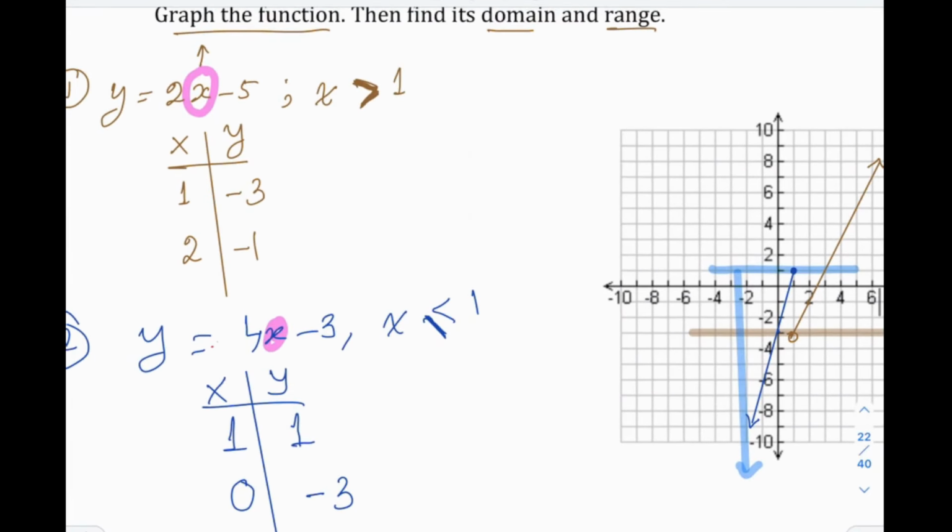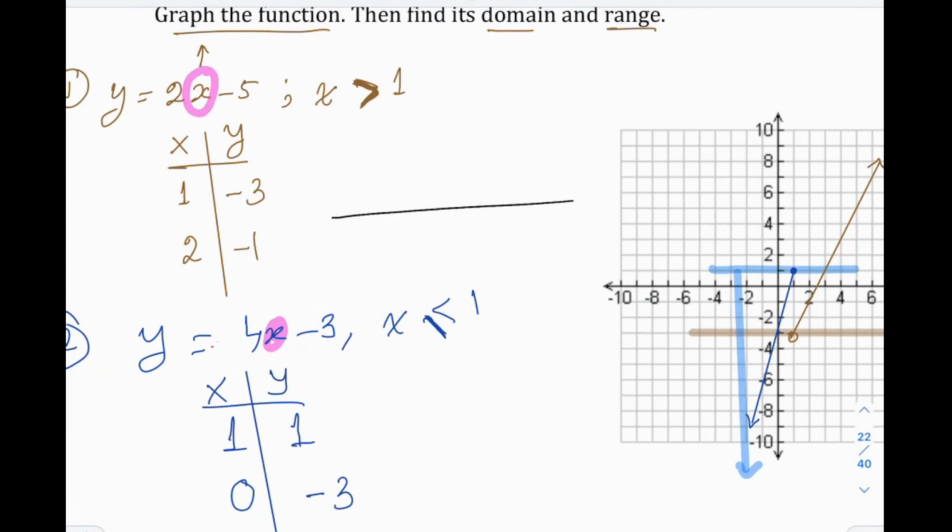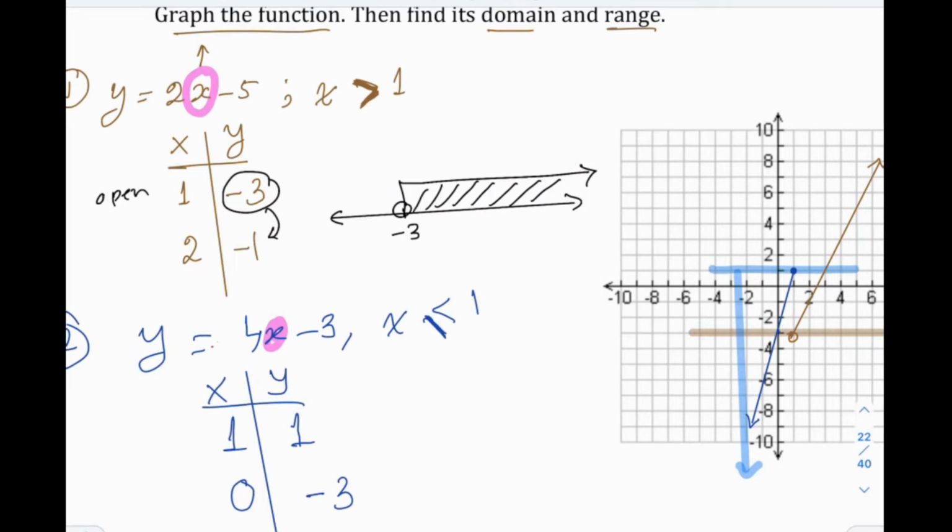The other way is to check using a number line as well. So I will use the number line and check the y values. The first y value here was -3, so I will put -3. And we know that it was an open circle here. After that, it becomes -1, which means it goes to the right. So we have used this part.